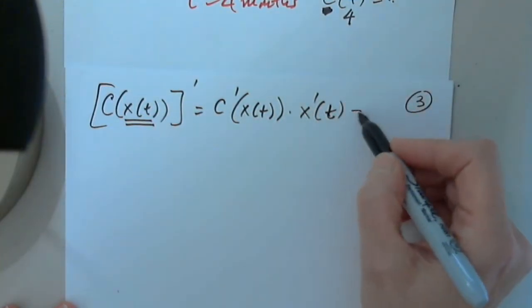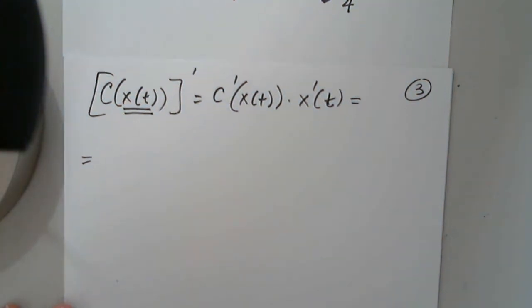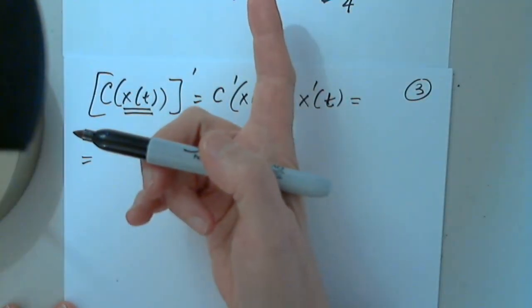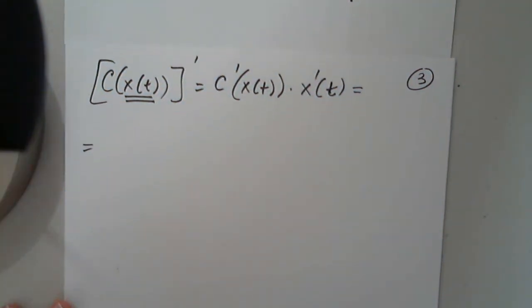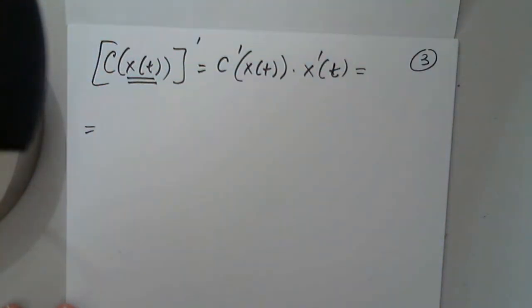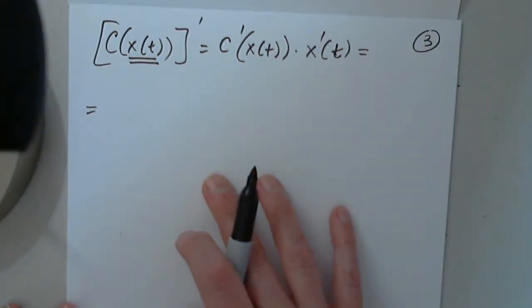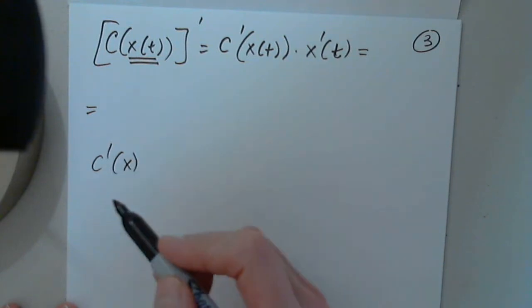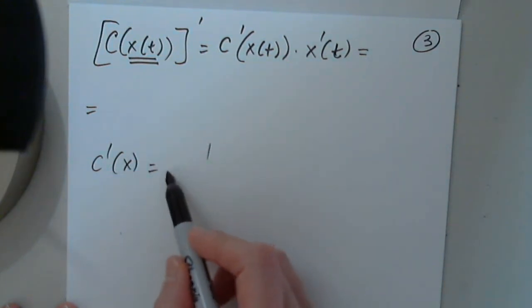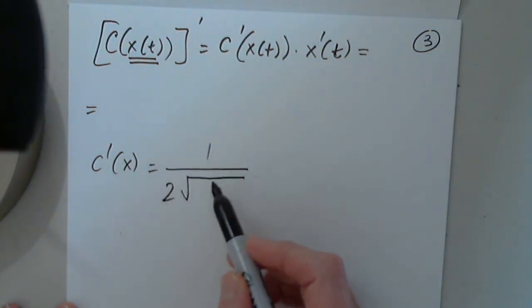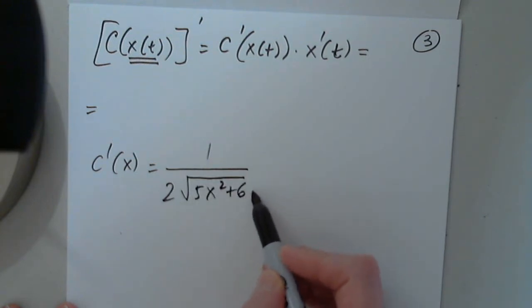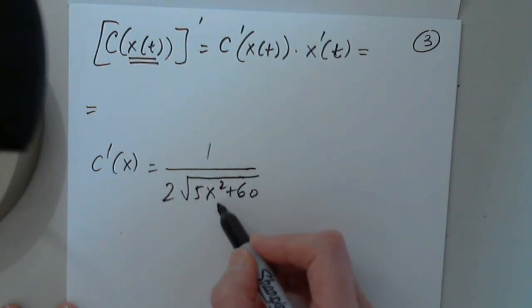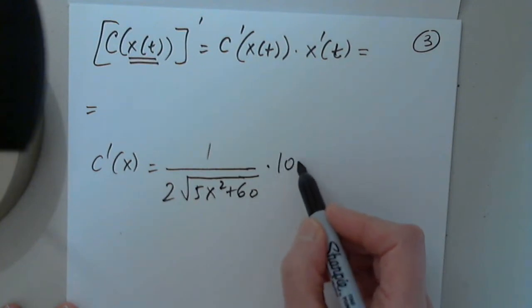Okay, so I look at this c function. Maybe we should do it in 2 steps separately, and I'll come back here. So let's do first c prime. C prime of x will be 1 over 2 the square root of 5x squared plus 60 times the inner function prime, which is 10x.